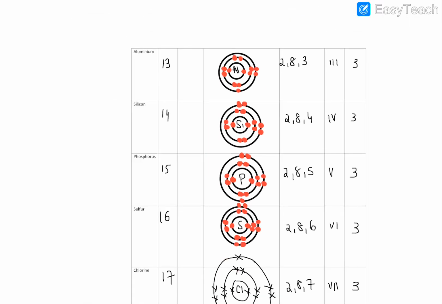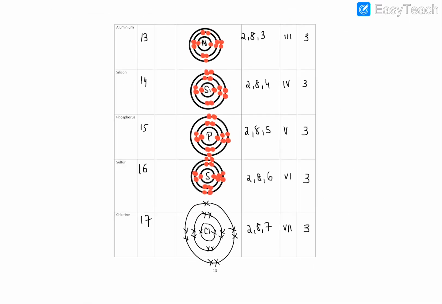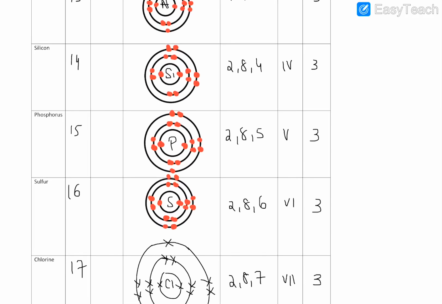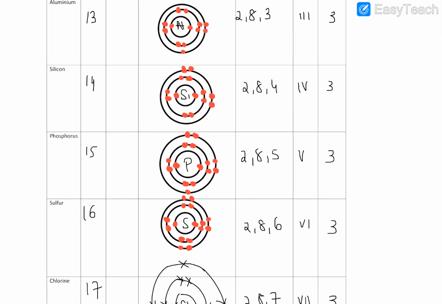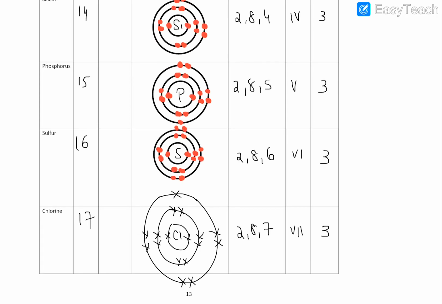And for this one, okay, so 13 electrons, 14, 15, 16, and 17 electrons. Okay, so always be careful when you're writing the electronic configuration here. Always count the number of electrons, because if you count here, that's 10, so that's 16 electrons.